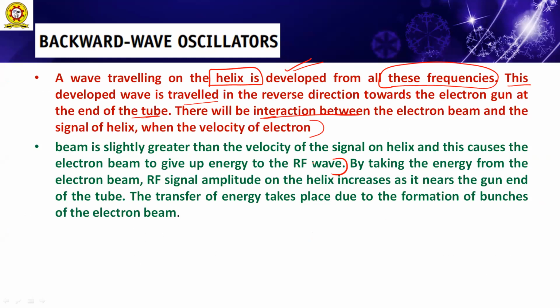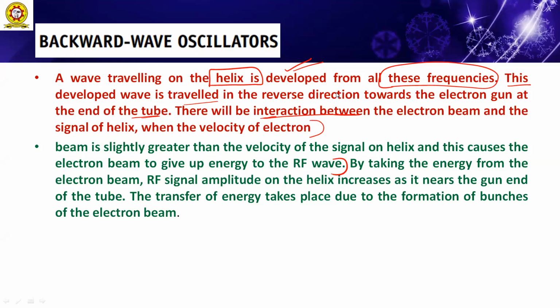The amplitude on the helix increases by a very good amount, which satisfies the amplification process. This amplification is significantly verified by monitoring the amplitude of the generated signal coming from the tube.